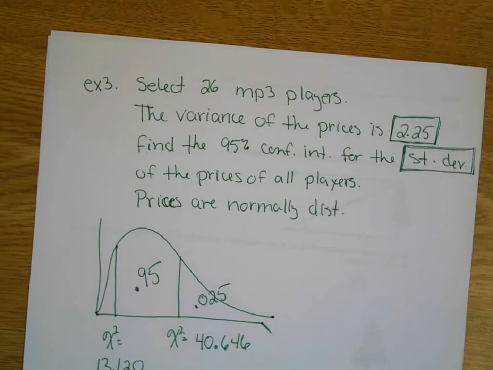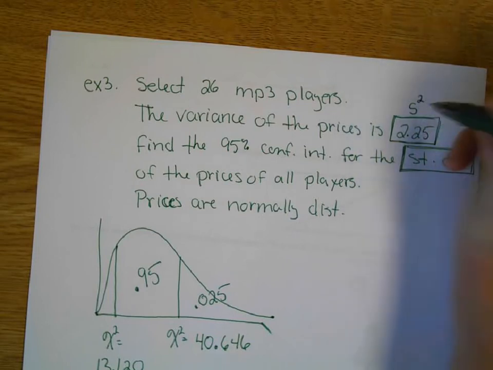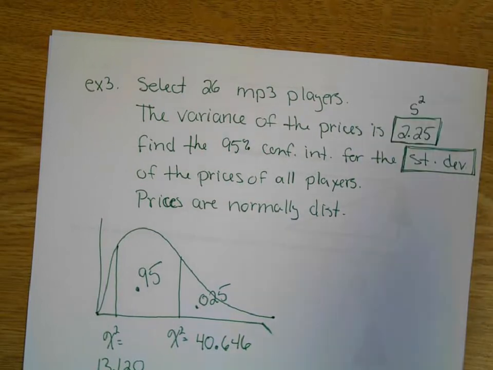So that is S squared. So when we plug it in the formula, we're not going to square it again. So we're just going to put in the formula without the square? Correct.